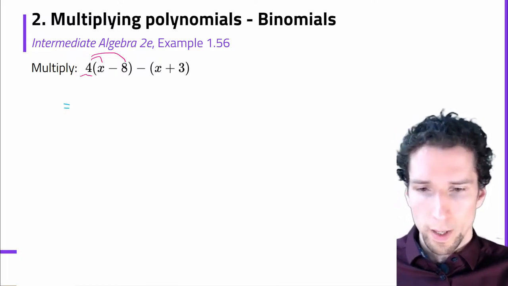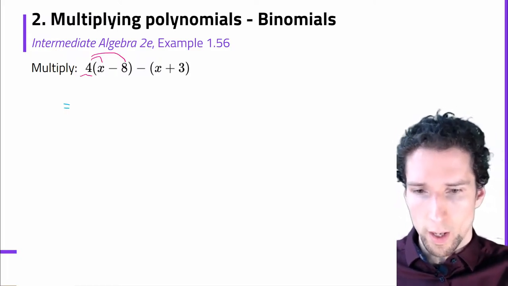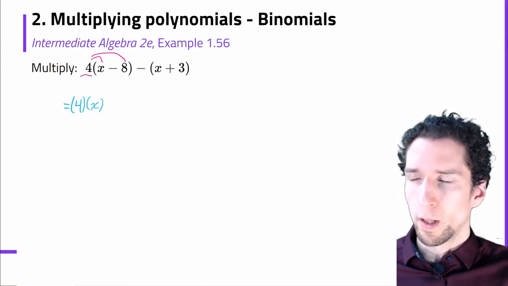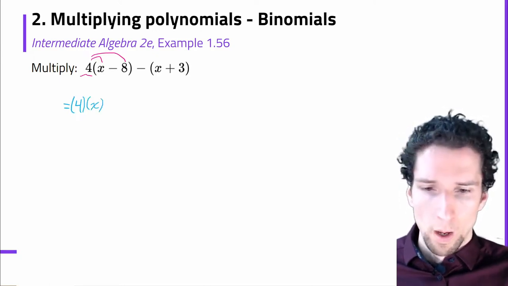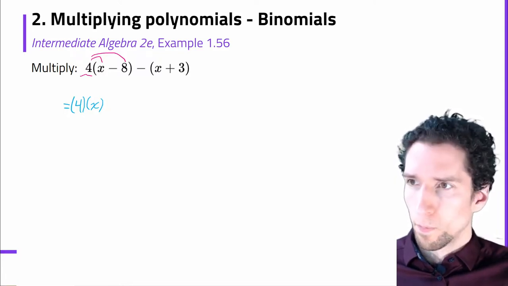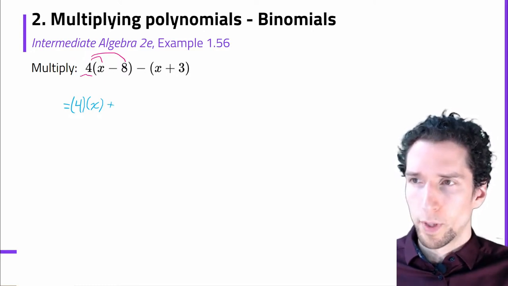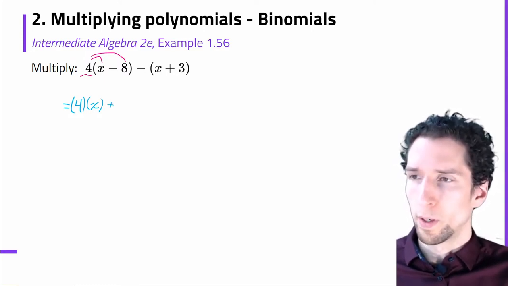So if we expand this, then our first step here is 4 times x, and I'm going to write this with lots of extra detail. 4 times x, and then here, let's write this as plus. Let's just keep the parts here separate for these first few examples.